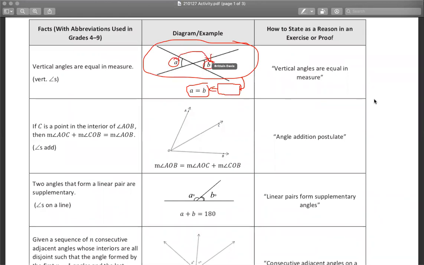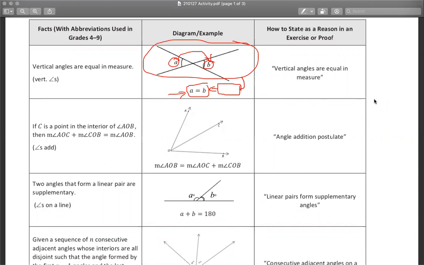So therefore, I can set up an equation that looks like this. So that's the idea. We're going to be looking at a bunch of diagrams and we're going to be abstracting from it. We're going to be taking information from the geometric diagram so we can turn it into an equation. And that's going to be a really key concept as we move forward.